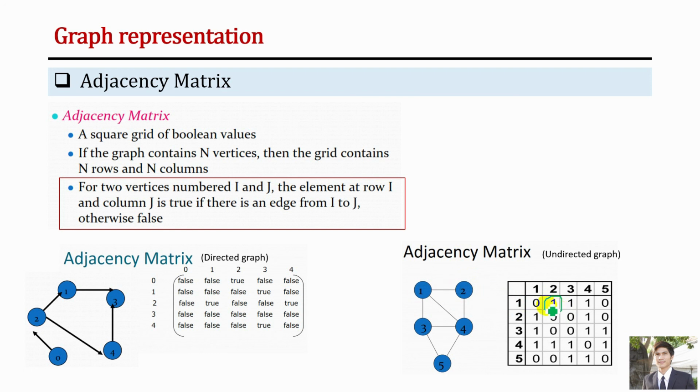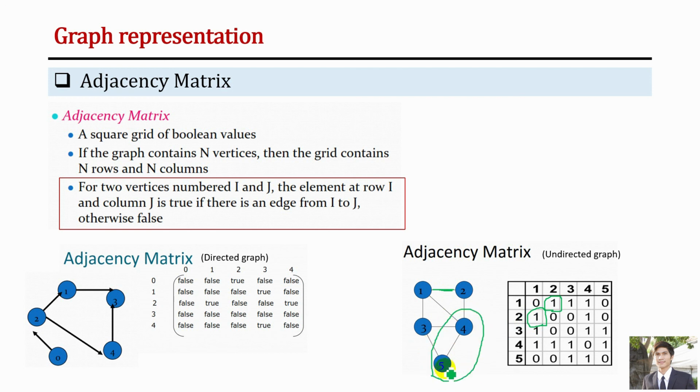And from 1 to 2, we have 1, and then from 2 to 1, there's also a line, because it is an undirected graph. It means that from 2 to 1, we also have a value, which is true. So we put 1 as well, and so on and so forth for other edges that are connected to each other.